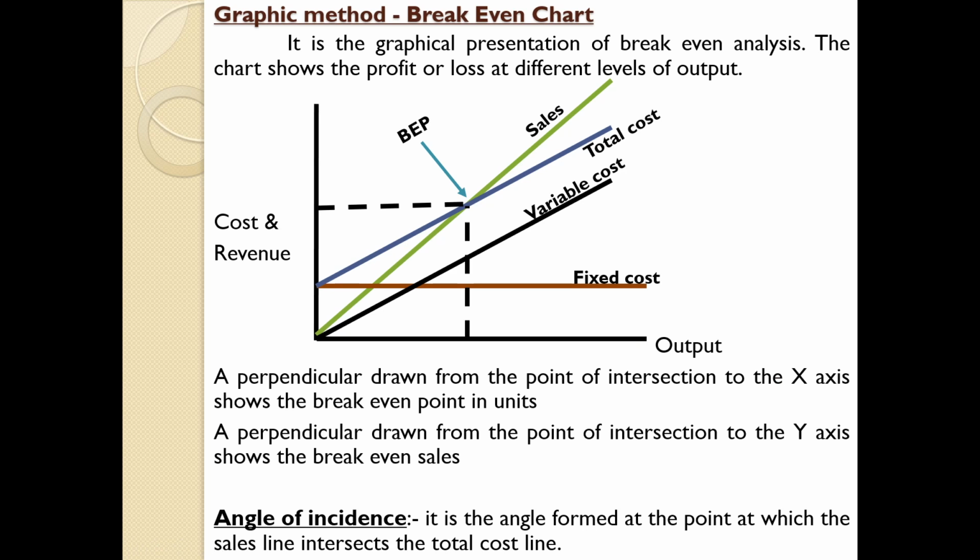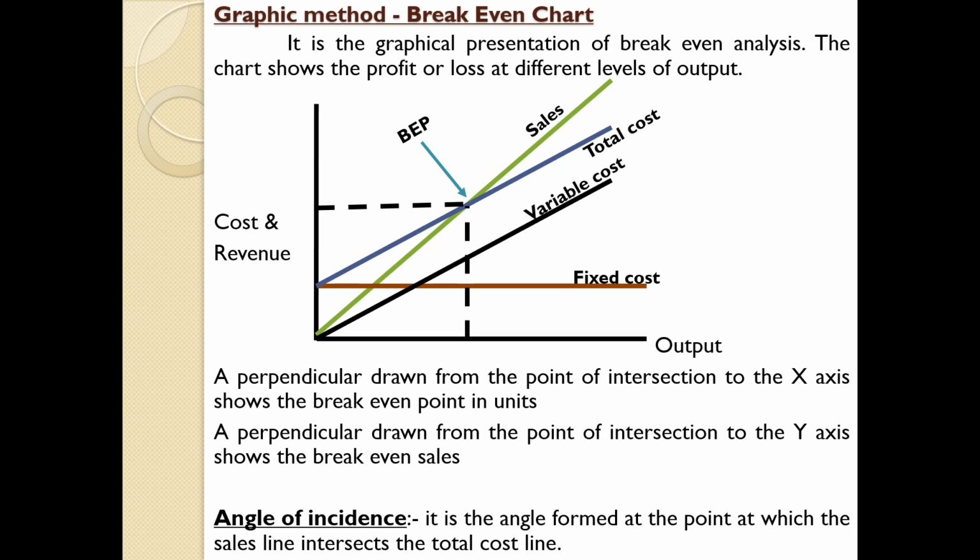For that you need to prepare a table that consists of a sales column, variable cost column, fixed cost column, total cost column, as well as variable cost per unit and selling price per unit. On the basis of those tables you have to prepare a graph, and preparation of the graph is very simple. Just plot all the details given in the question in a graph. I hope you know how to plot various points in a graph. Just go through the theoretical aspect mentioned in the text. If you have any queries, please let me know.